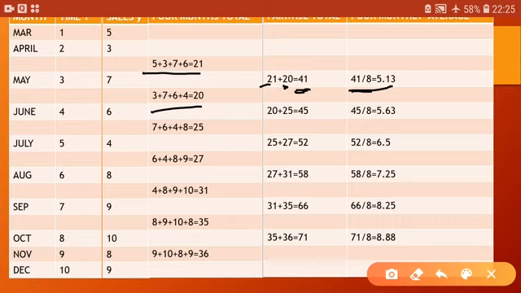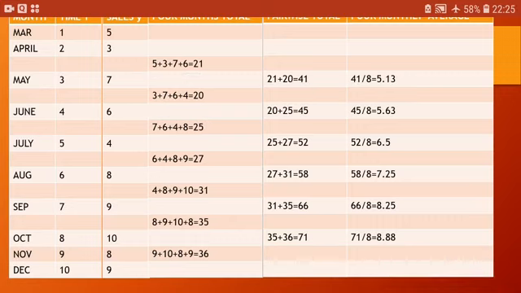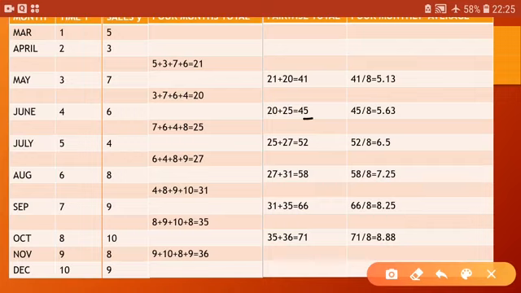Got my point? See, listen again. For example, I am taking this total 45. Now what 45 is? 45 is total of 20 and 25. This 20 is total of 4 years. This 25 is total of again 4 years. So this 45 is total of 4 years plus 4 years, that is total of 8 years.